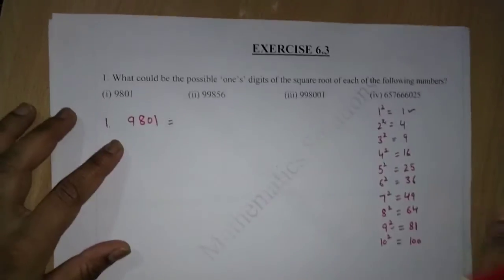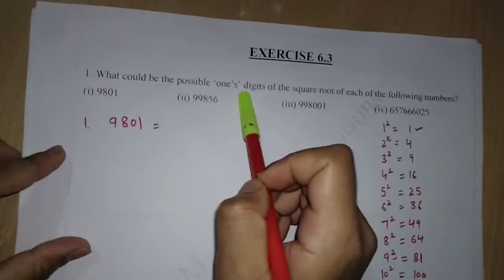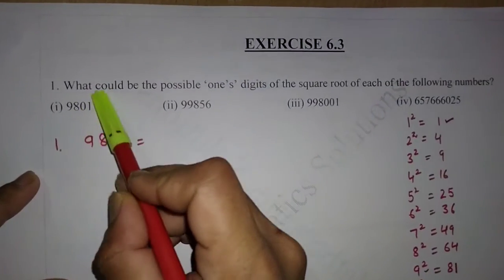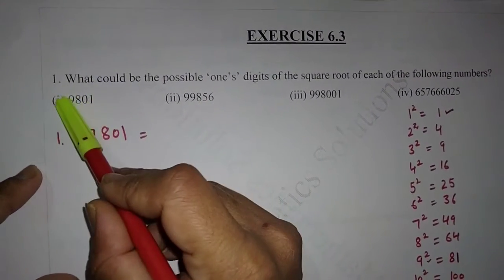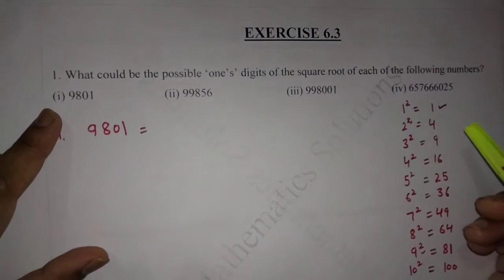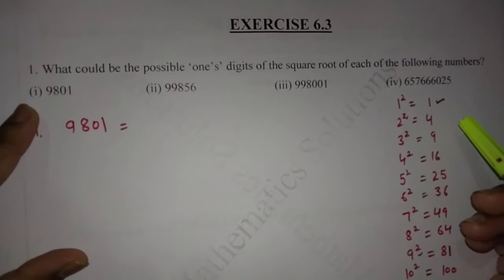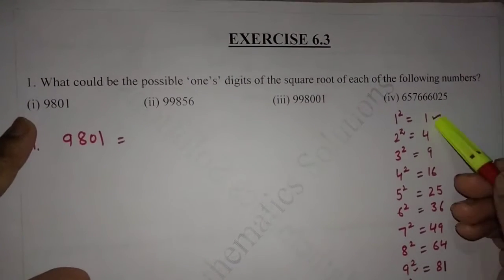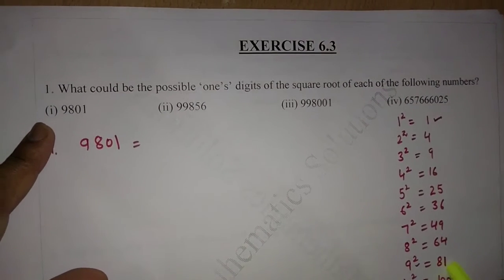In exercise 6.3, the first question is, what could be the possible ones digit of the square root of each of the following numbers? We have to find the ones digit, or you can say the unit digit, of the square root of these numbers. We know that the unit digit of the square of numbers having unit digit 1 is 1, and 9 is also 1.